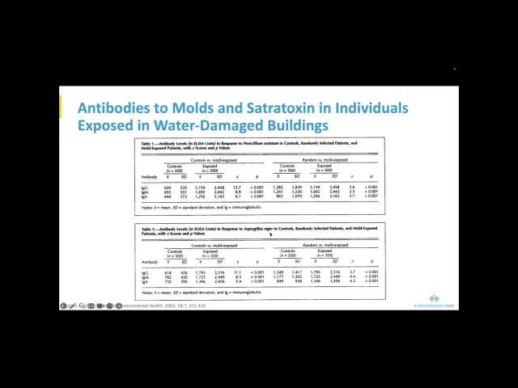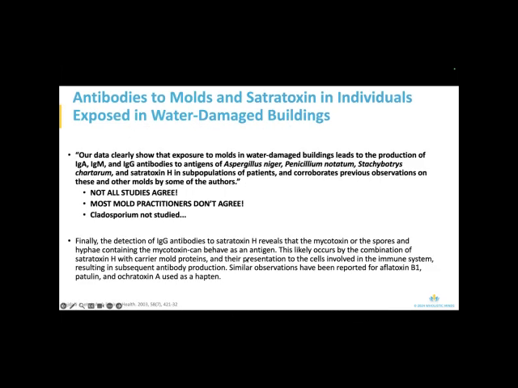And this is kind of hard to see. We're going to go right here. So what they did find is that for individuals who have been exposed to mold in water-damaged buildings had a significantly higher level of antibodies against Aspergillus niger, Penicillium notatum, Stachybotrys, and this was the mycotoxin they tested.